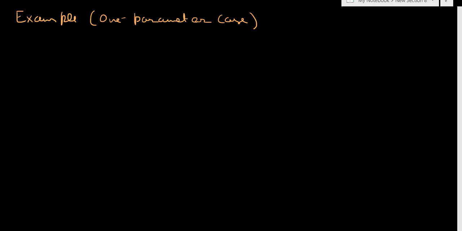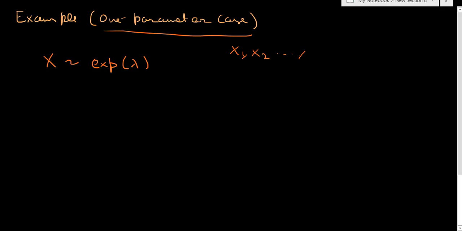Okay, so let's just quickly take an example of maximum likelihood estimation in the one parameter case. That is where the distribution only has one parameter and we have to give an estimation for that. So let's assume that x has an exponential lambda distribution and we have a sample of x having values x1, x2 up till xn.